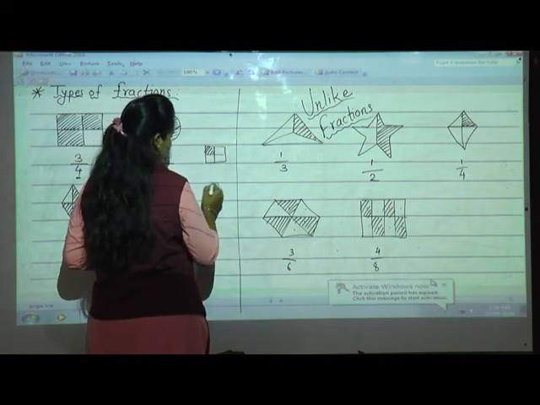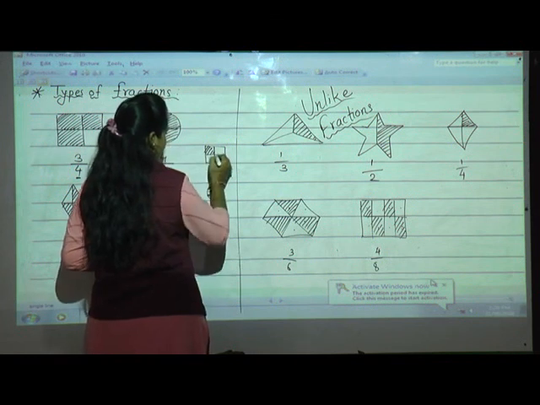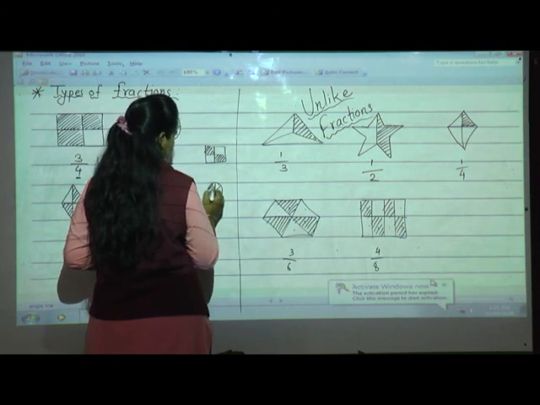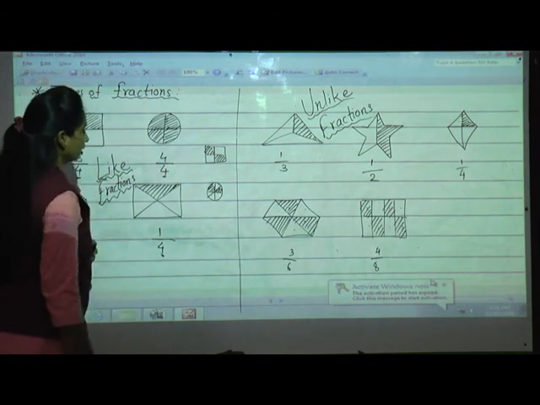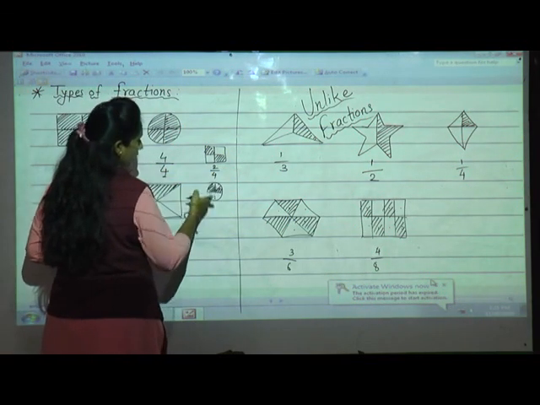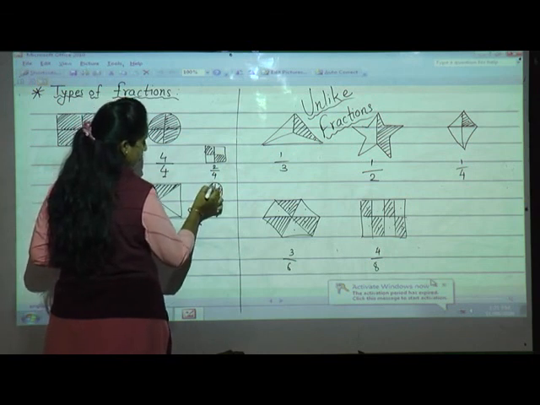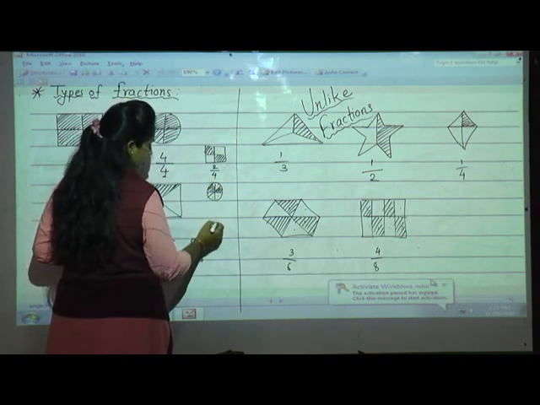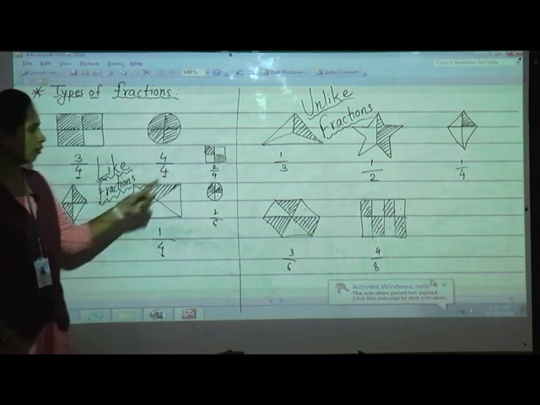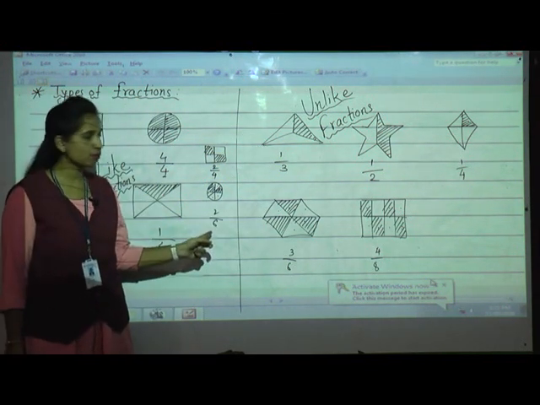Now this is one. Can you see? What is this fraction? 2 upon 4. And what about this? How many parts are there in total? 1, 2, 3, 4, 5, 6. Out of that, how many are colored? 2. What similarity can you see between these two fractions?